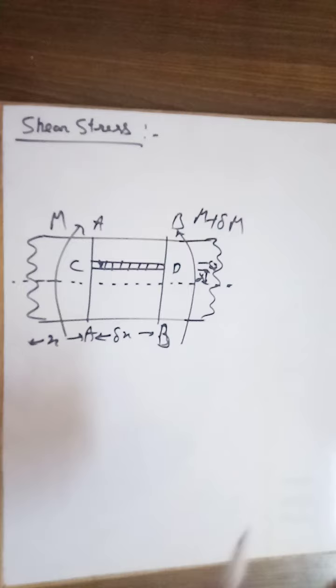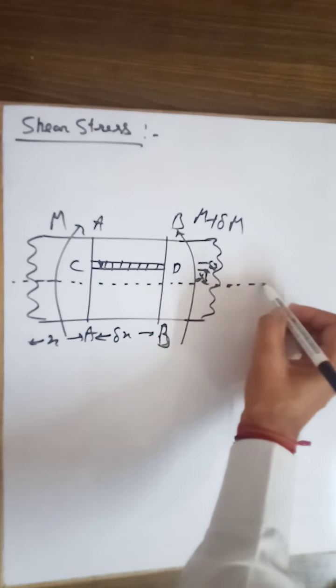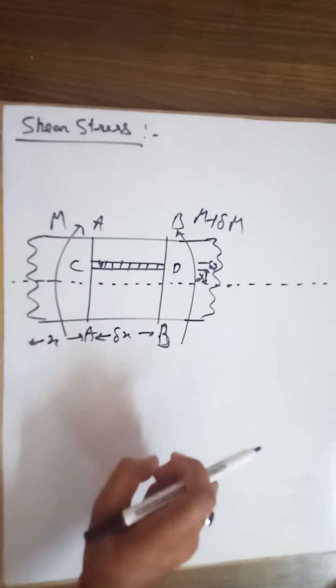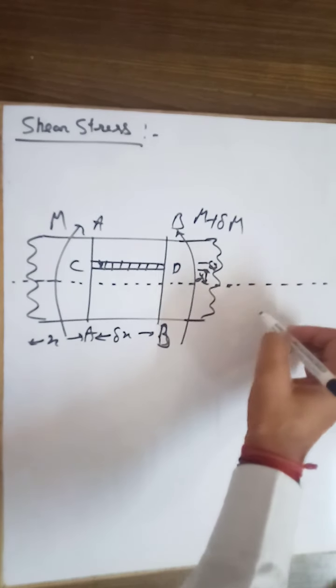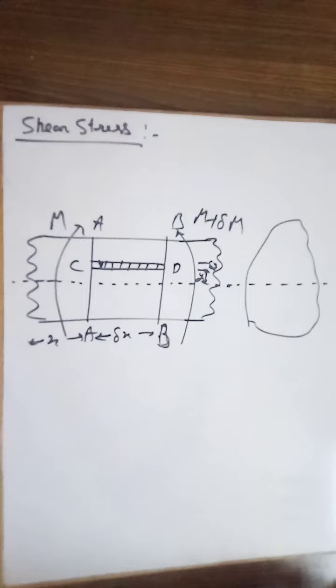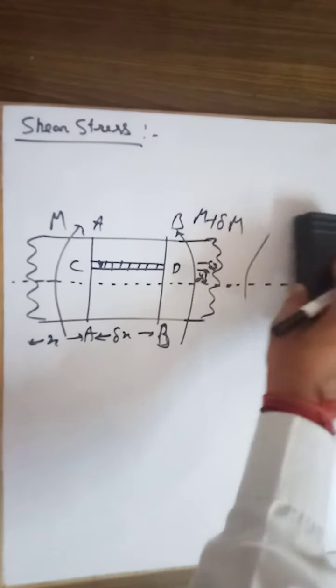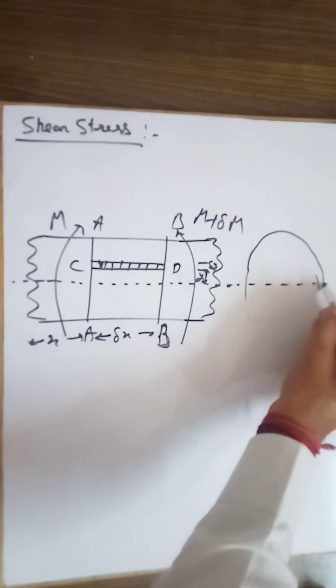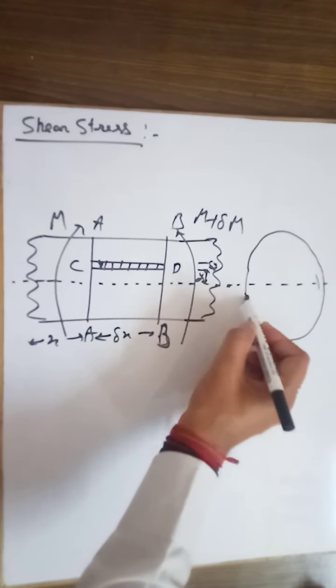So let me draw this here. If this is the neutral axis, now we are considering this small segment CD. Let me draw it like this.